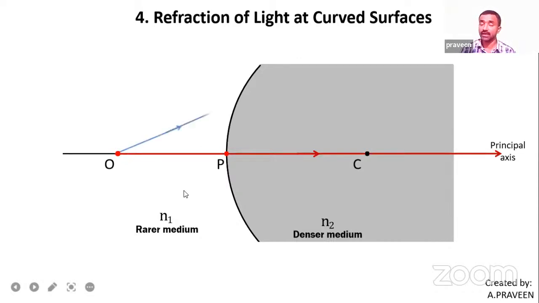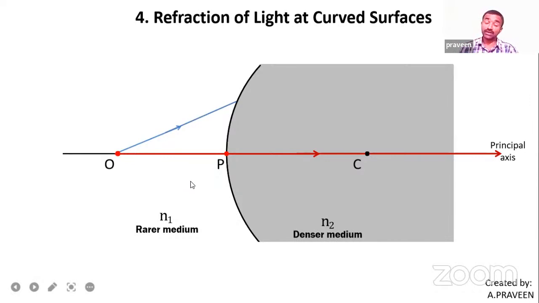Considering a light ray along the principal axis, along the normal, it remains undeviated, so it goes in its exact path.